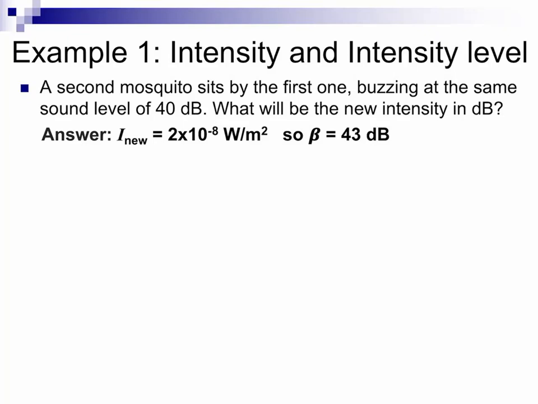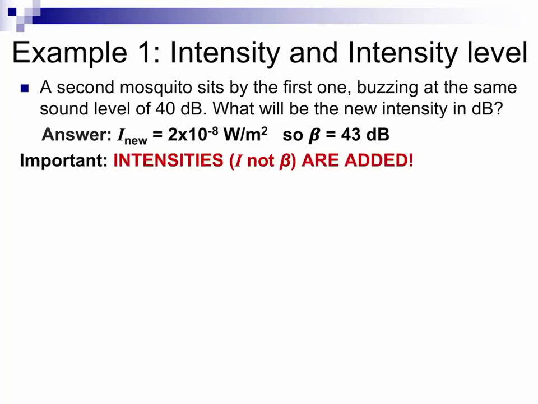Why is that? We can only add intensities and not intensity levels. So when you have more than one source of sound, you need to add the intensities before you convert that to intensity level. It's because the intensity is linear, but the intensity level is logarithmic. So it's not a simple addition. So the new intensity, if you have two mosquitoes, will be twice the intensity of one.